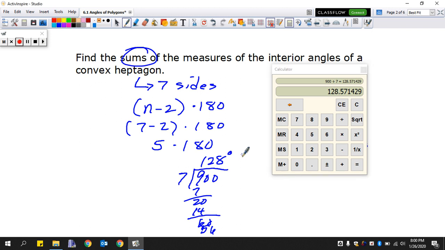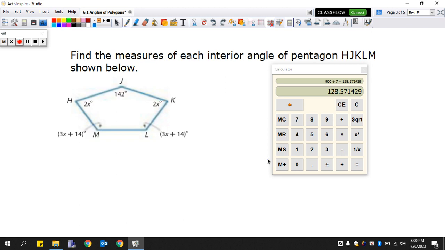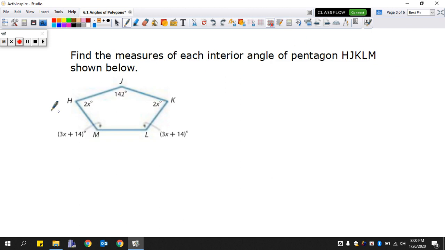Now if we look at this one here, we can find out that this is a pentagon. We know that all of these angles together are going to add up to a certain sum. So for a pentagon, we've got n minus 2 times 180.